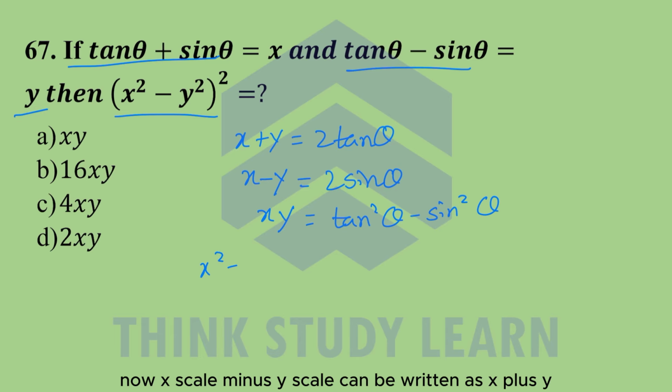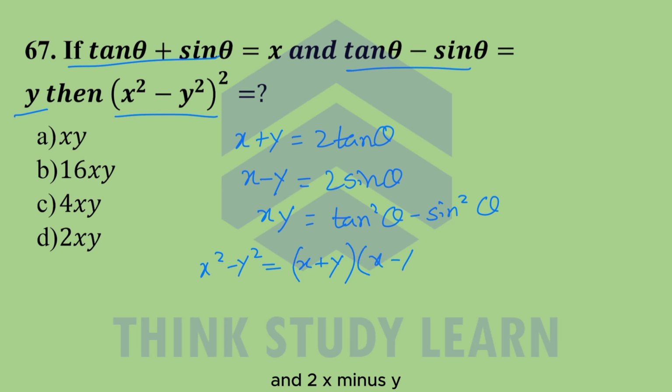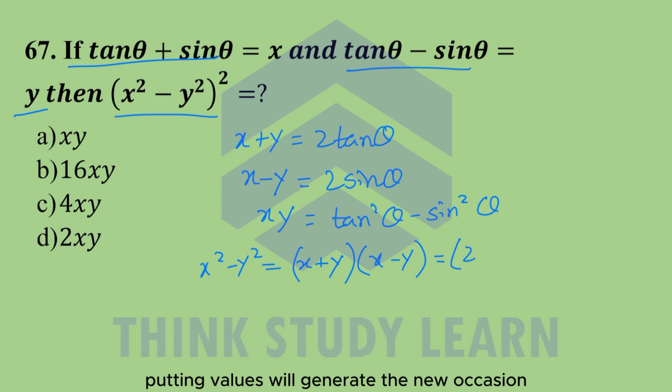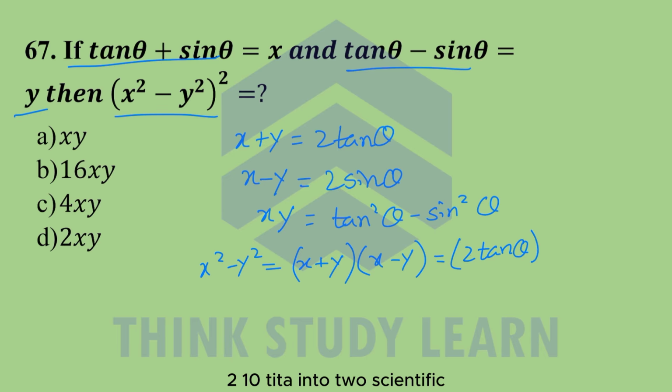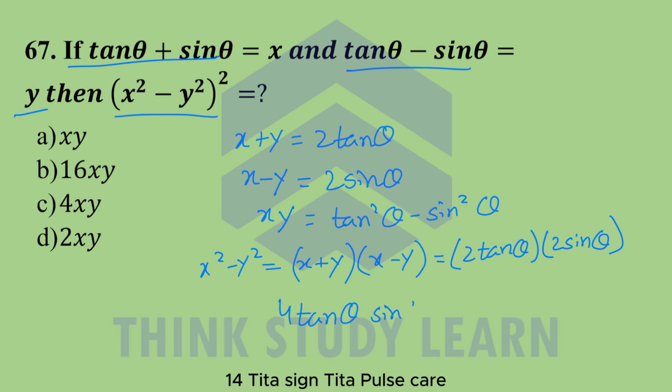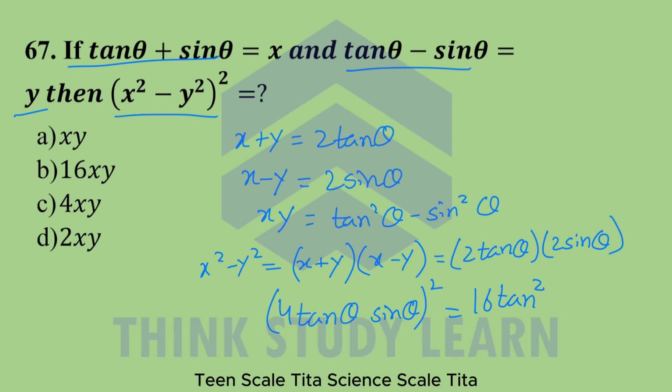Now x square minus y square can be written as x plus y into x minus y. We will put the values of x plus y and x minus y. Putting values will generate the new equation 2 tan theta into 2 sine theta, which can be written as 4 tan theta sine theta. 4 tan theta sine theta whole square will be equal to 16 tan square theta sine square theta.